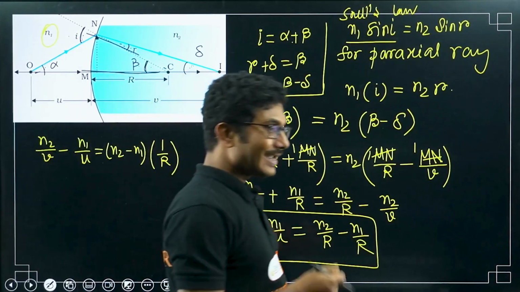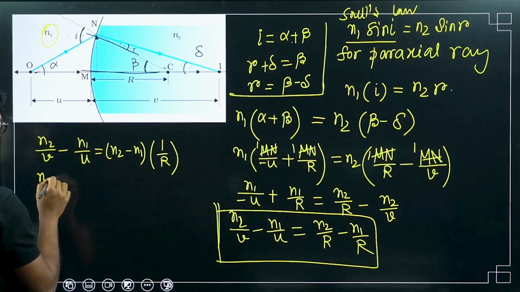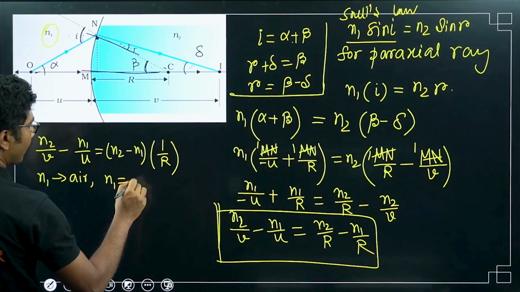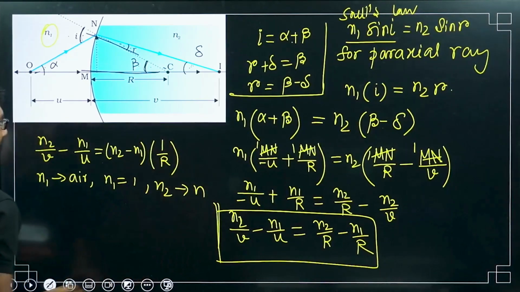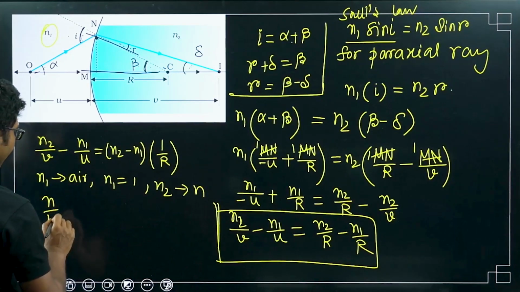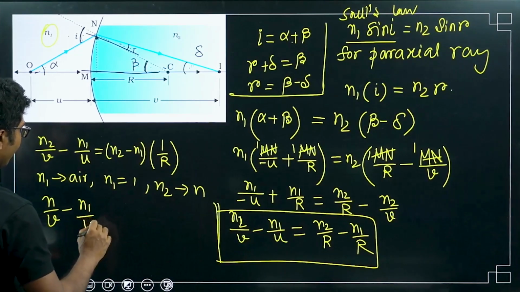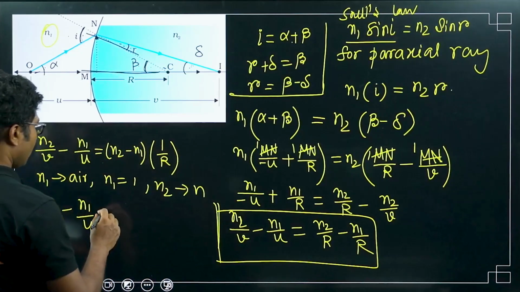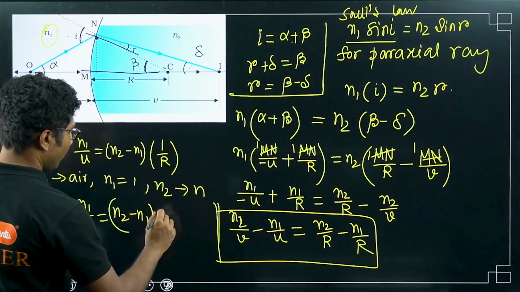Also, in case the first medium is air, in case N1 belongs to air, then N1 becomes 1 and N2 equals normally n, then we can write n by v minus 1 by u equals n minus 1 by 1 by r.